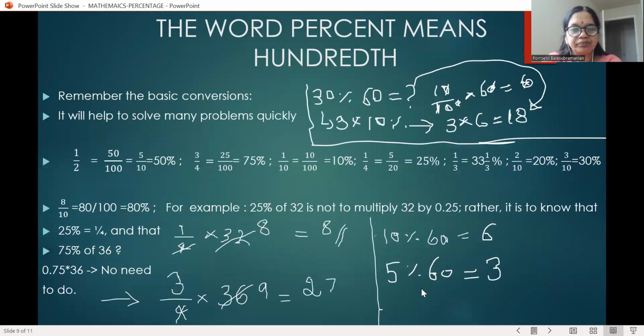Okay. Next, we have to remember some basic conversions to solve problems quickly in the GRE exam. Here the first example is 1 by 2 equals 50 by 100 equals 5 by 10 equals 50%. Okay, 1 by 2 means 50%. You can take it like the previous pizza example.